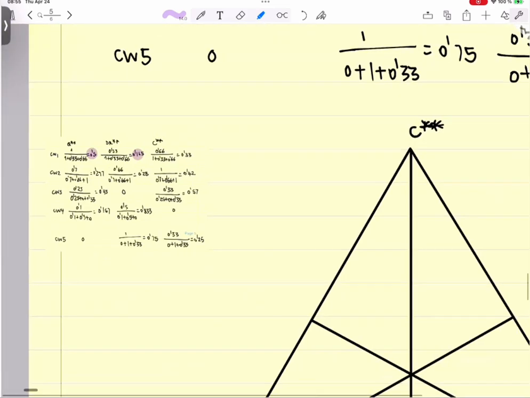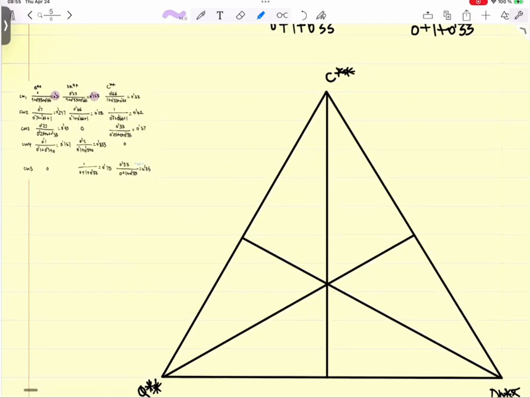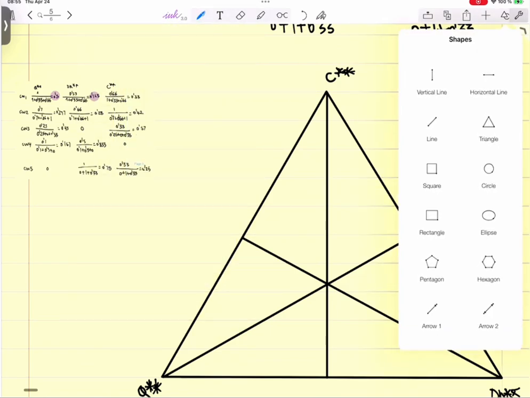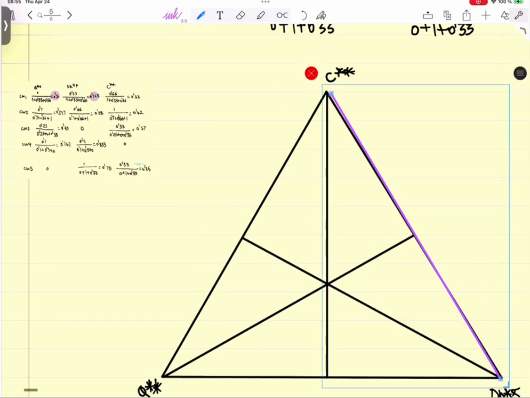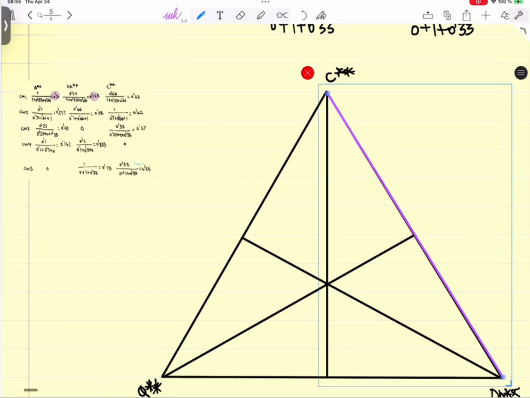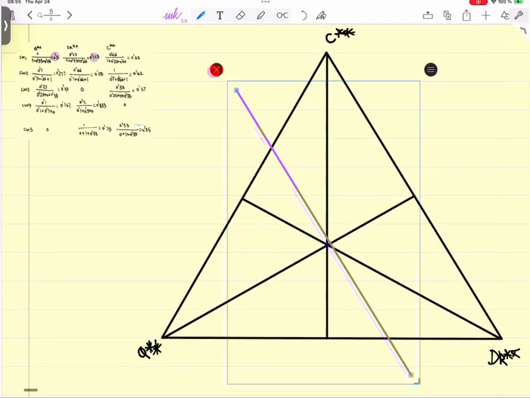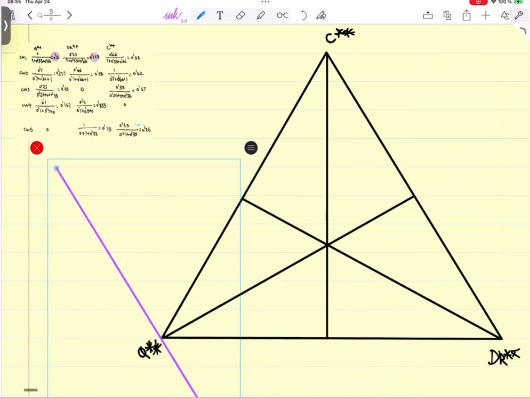All the points parallel to this line have a constant Q**. Here we have Q** 0, here Q** 0.33, and here Q** 1.